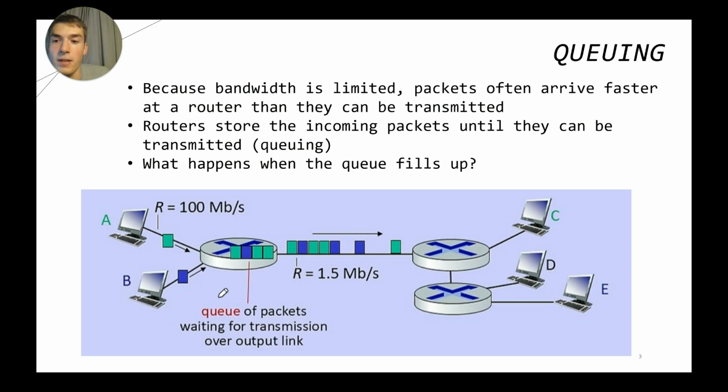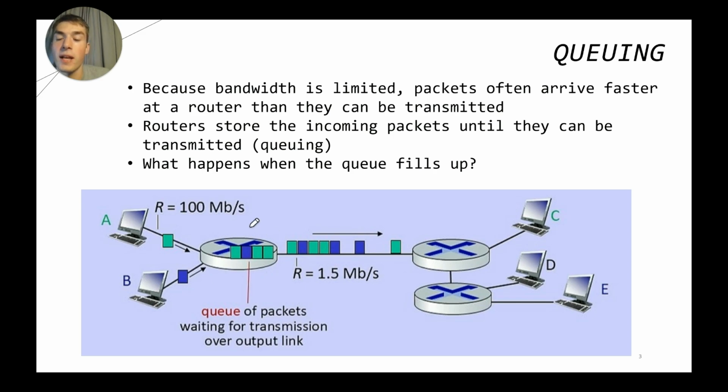And so what's going to happen is that the router is going to hold on to those incoming packets so that it can store them and it can transmit them eventually. And so we call this a queue. It's a queue of packets that are going to be waiting for their transmission over the output link. But you might already notice a problem here, which is that a queue must be finite.